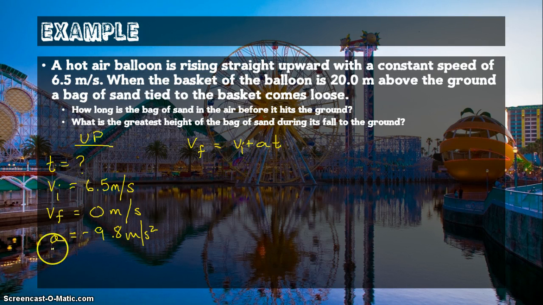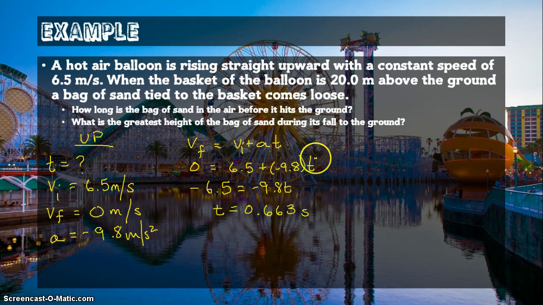It contains all the variables we need to solve for time. So 0 equals 6.5 plus negative 9.8 t. Negative 6.5 equals negative 9.8 t. So therefore t equals 0.663 seconds when you do it on your calculator. That's the time it takes to go up.